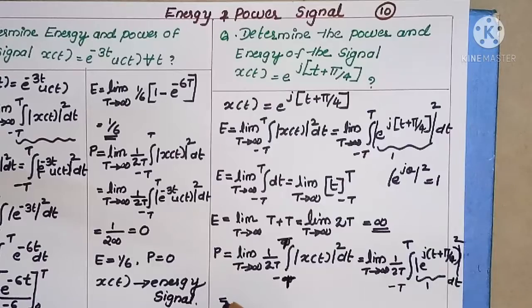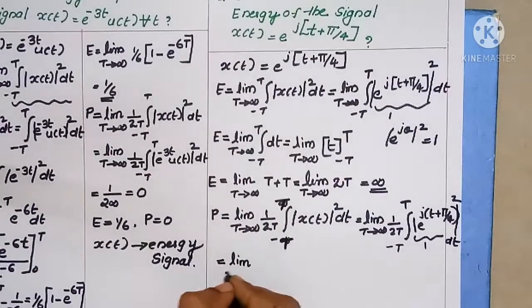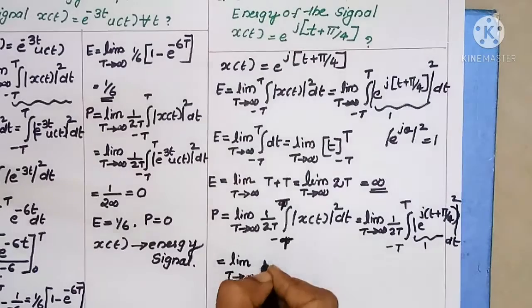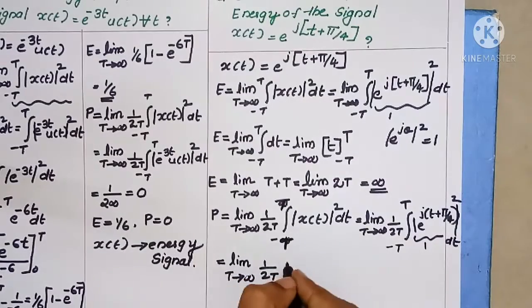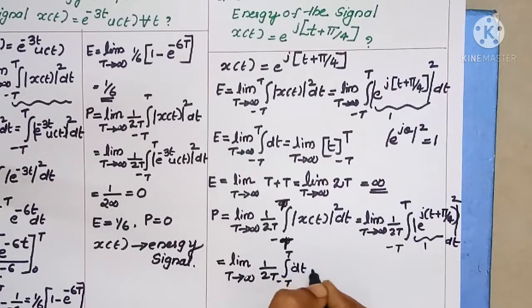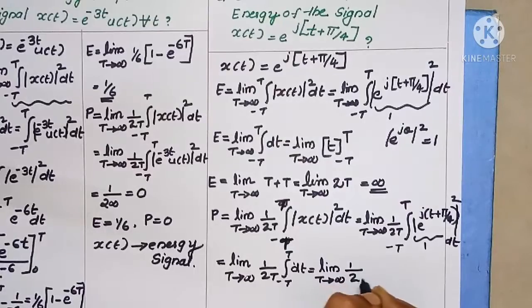So you will get limit t tends to infinity 1 by 2t integral of minus t to t, where this value becomes 1, so you get dt. Then take the integral: limit t tends to infinity 1 by 2t.